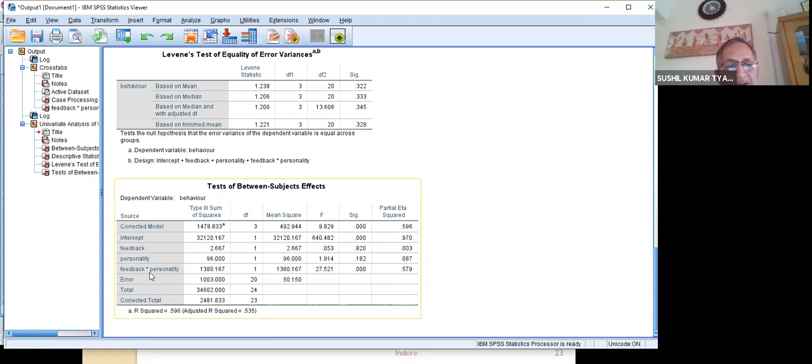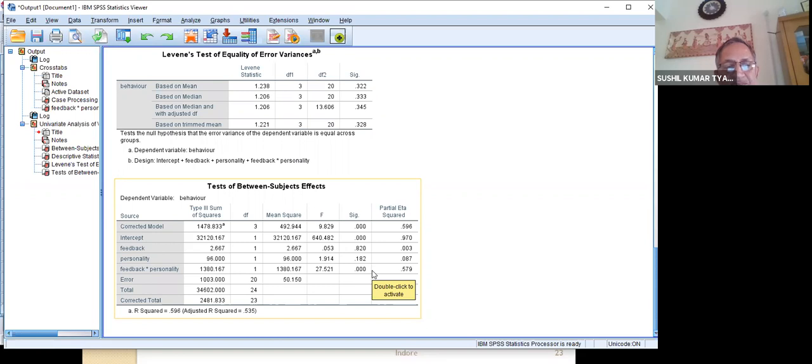Now come to the interaction. Feedback into personality. Now there is a significant interaction because the F value is 27.521 and the significance value is 0.000, which is very small, less than 0.01. Therefore, it is significant.